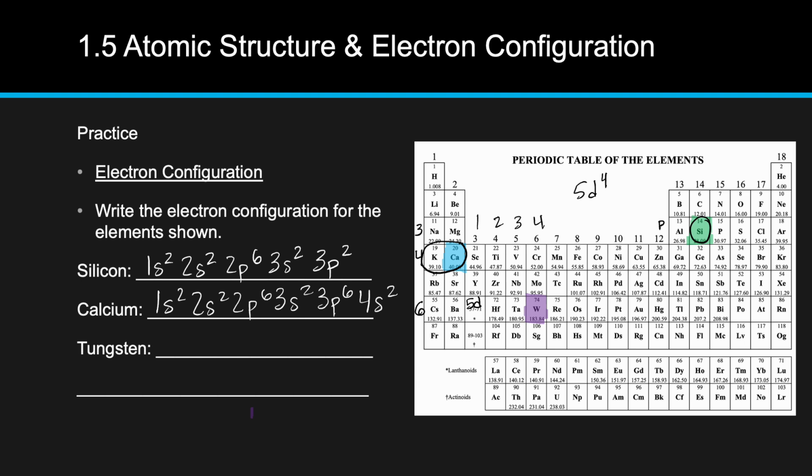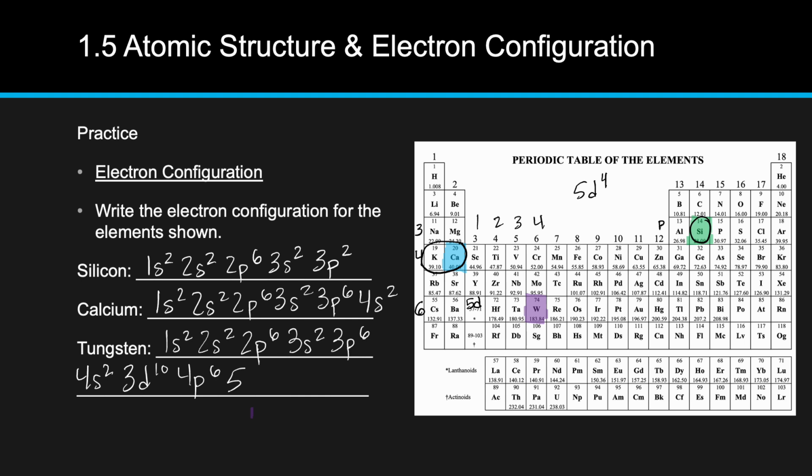We're going to fill everything before that. So we have 1s2, 2s2, 2p6, 3s2, 3p6, 4s2, then we go down 1 for D, so 3d10, then back to 4 for the P sublevel, 4p6.